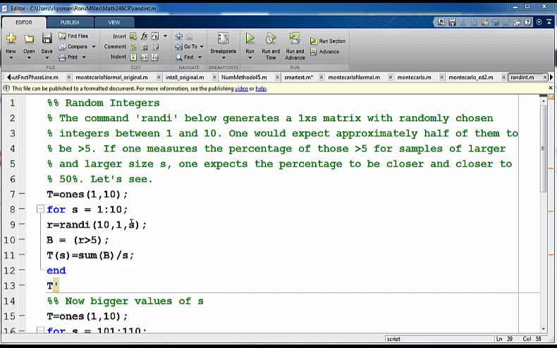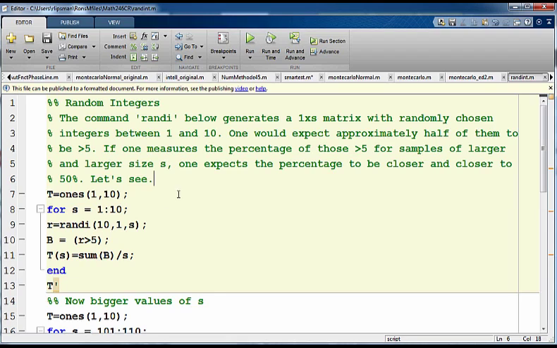The 1 is implicit, the 10 tells you it generates integers between 1 and 10, and there will be s of them. One would expect approximately half of them to be bigger than 5. If one measures the percentage of those that are actually bigger than 5, for samples of larger and larger size s, one expects the percentage to be closer and closer to 50%.